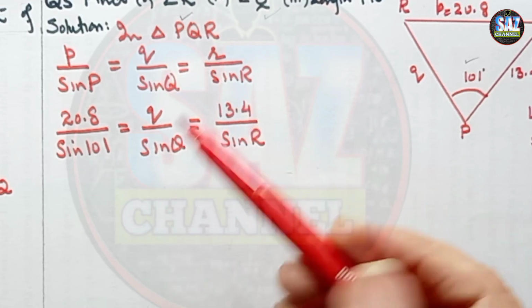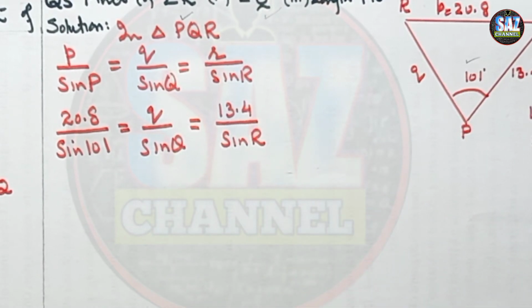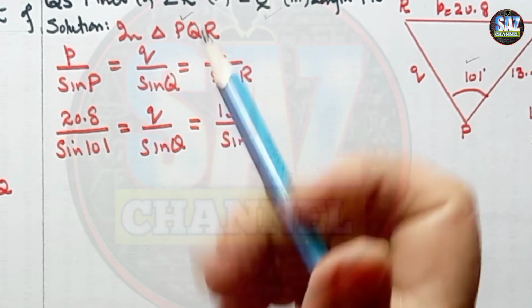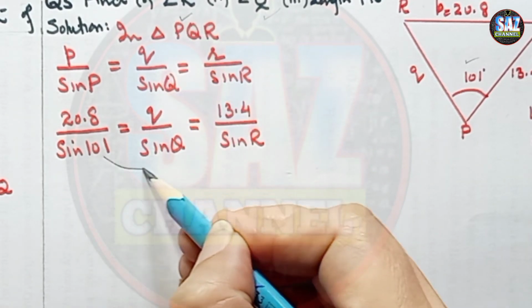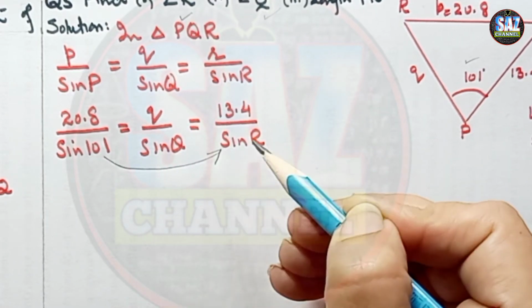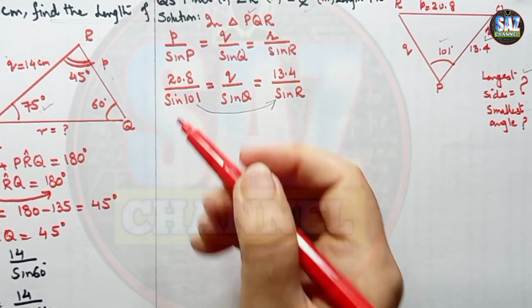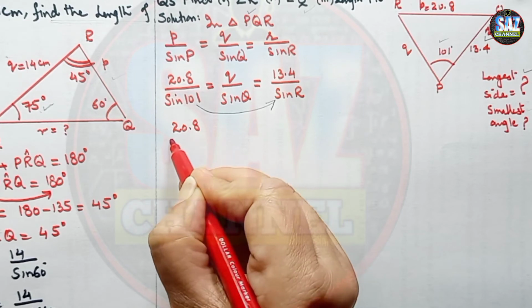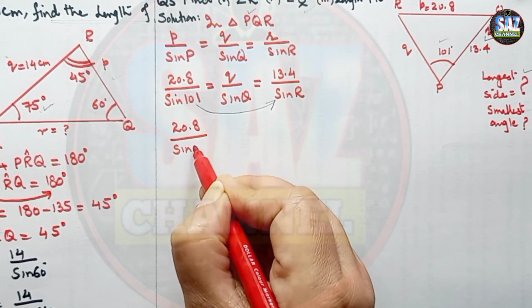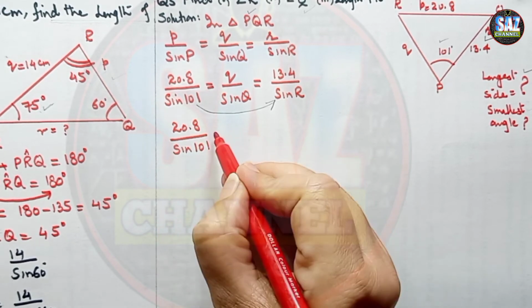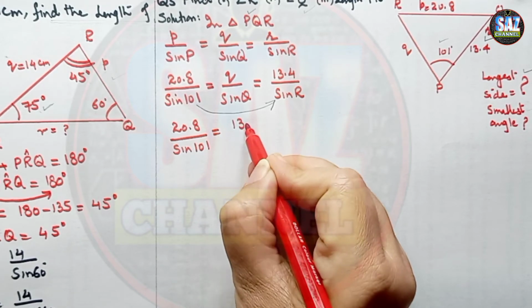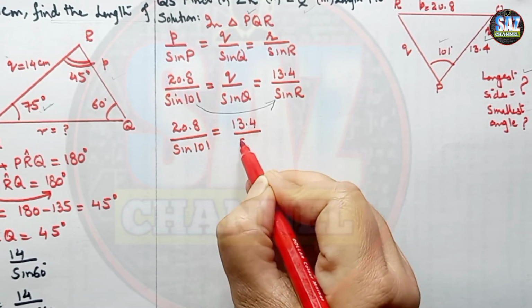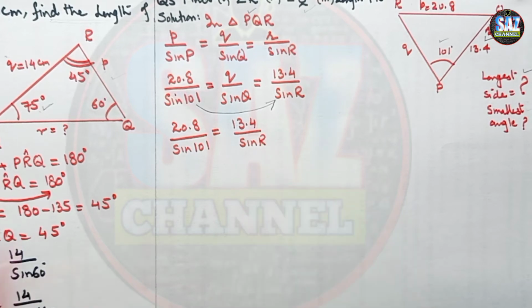So firstly we will be taking 20.8 upon sine 101 equals 13.4 upon sine R. So my equation will take the form 20.8 upon sine 101 equals 13.4 upon sine R. Now first check the value of sine 101 with the calculator.